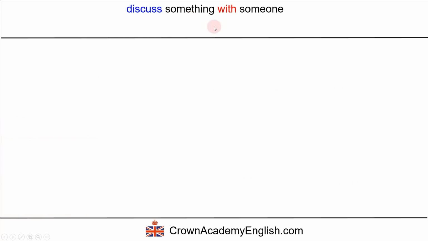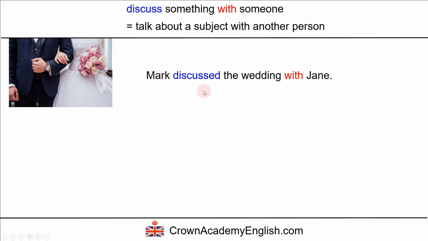Discuss something with someone. So this means to talk about a subject with another person, or to discuss, yes, to talk about a topic or subject with another person. So Mark discussed the wedding with Jane.